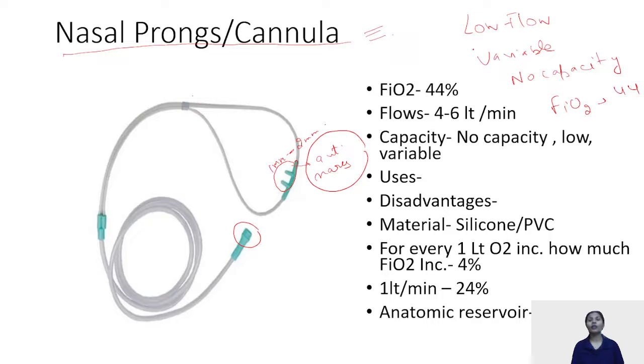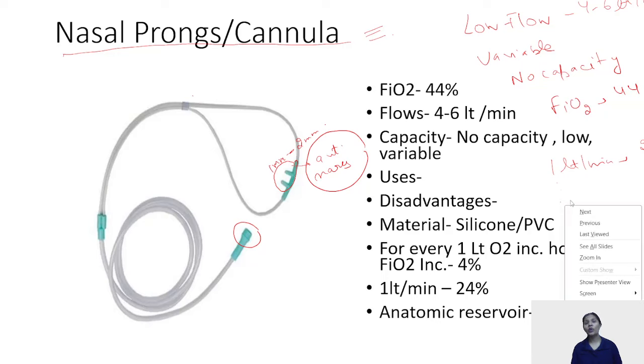The flow rate that the nasal cannula gives is 4 to 6 liters per minute. What happens in a nasal cannula is that for every 1 liter per minute, it delivers a FiO2 of 24%. And for every 1 liter increase, the FiO2 increases by 4%.